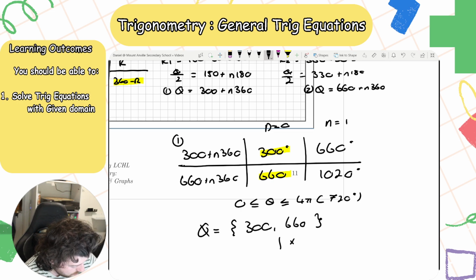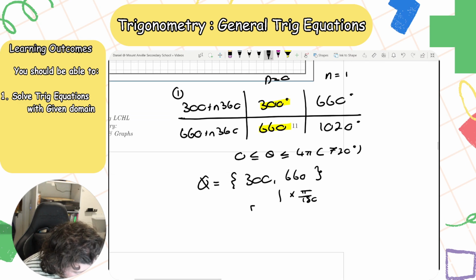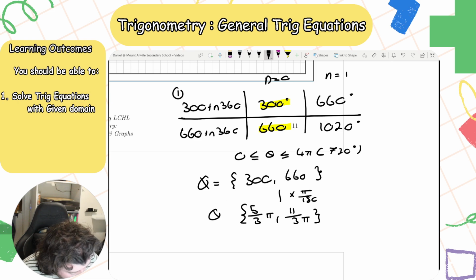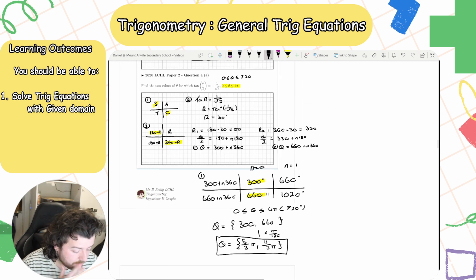So multiply by pi over 180. So 5 over 3 pi and 11 over 3 pi. They are my two solutions to that question, right?